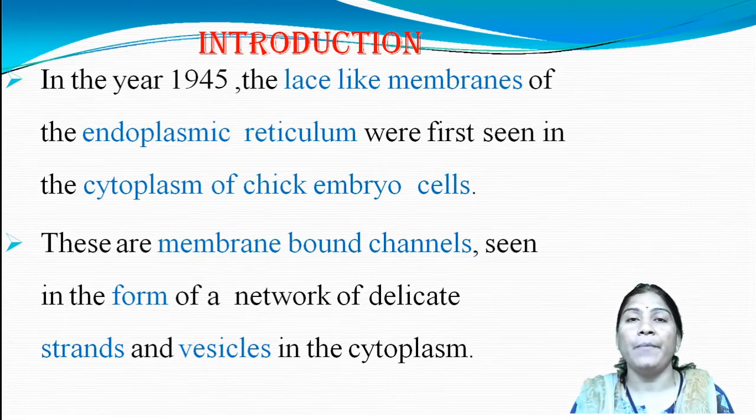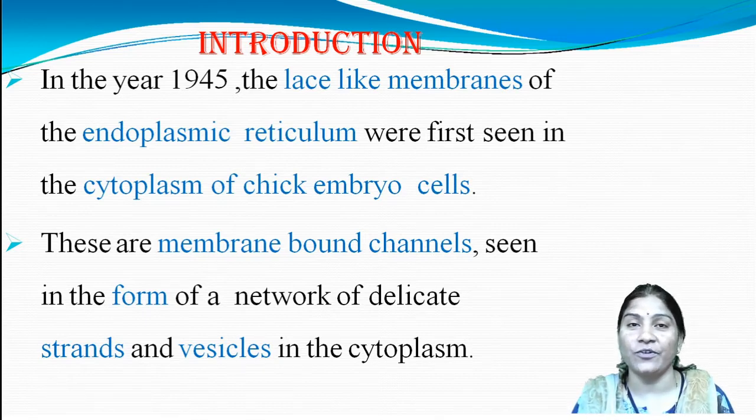These are the membrane bound structures, or we also call them the membrane bound channels, that are seen in the form of a network of delicate strands and also vesicles in the cytoplasm. Means in 1945 the lace-like structures are present in the cytoplasm. They coined the term, that is the endoplasmic reticulum.